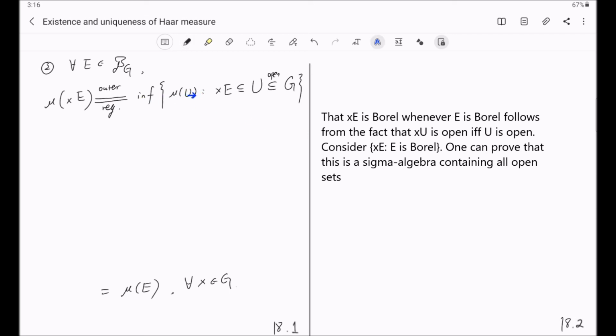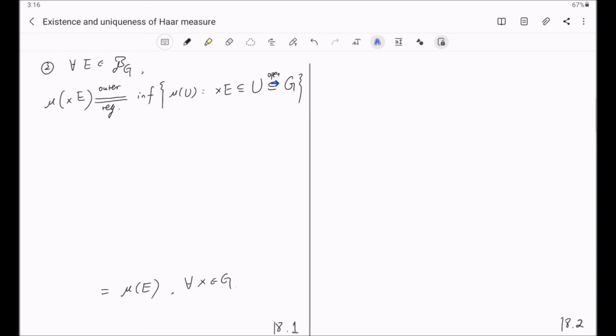And this, by our step 1, remember in step 1 we just proved that mu is left invariant on open subsets. So now by step 1, this is equal to the infimum of mu. Let us move x to U and take an inverse. They are equal by step number 1.